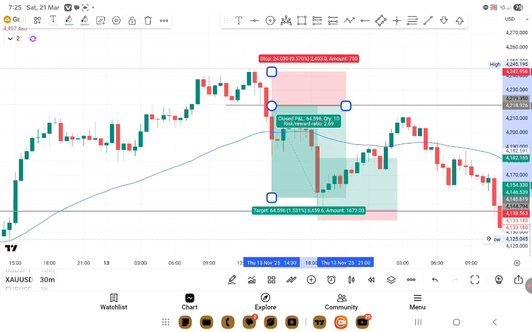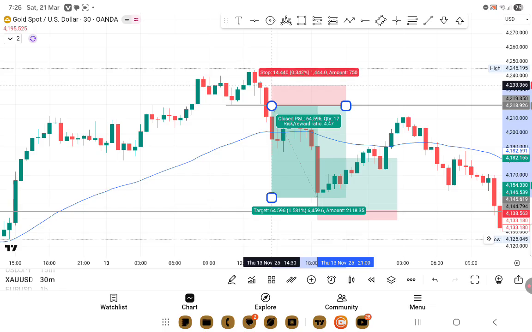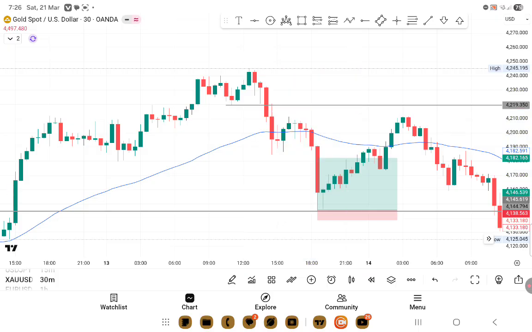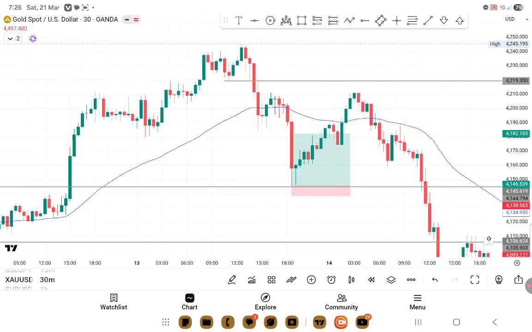Make sure your stop loss is always above the big candle, or under it. This is a good 1:4, but we don't go against the trend until we confirm that the trend has reversed.